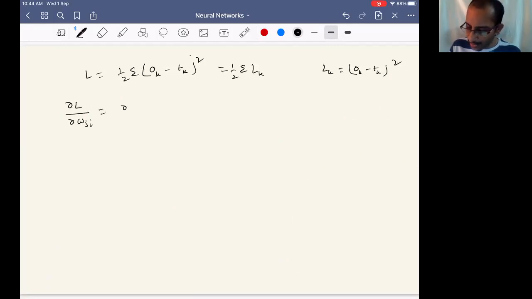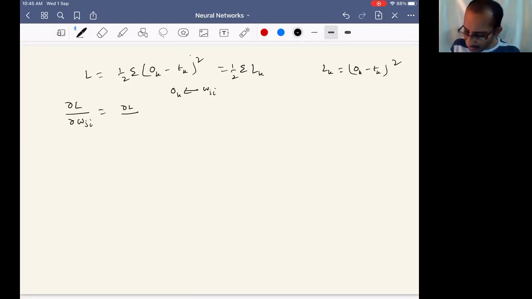Each of the Ok outputs will have Wji in it, so all will be involved in that summation.